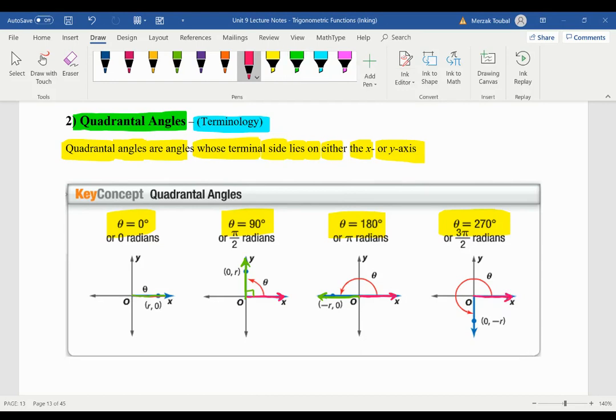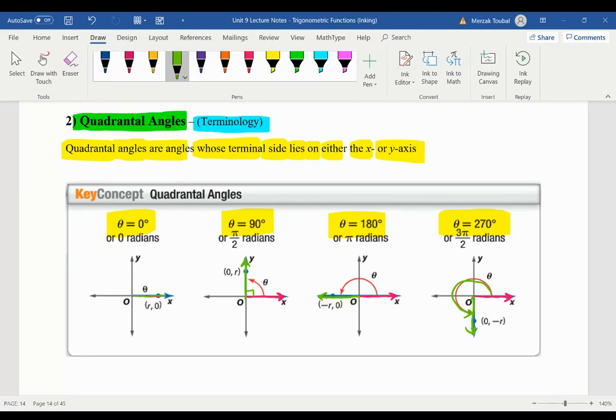And then the terminal side is on the negative y-axis. And you go all the way around. And that's 270 degrees. The 360 is the same as 0, because at 360 you're going back to the positive x-axis. So for 360, its initial side is the positive x-axis, and the terminal side is also on the positive x-axis, same as 0.